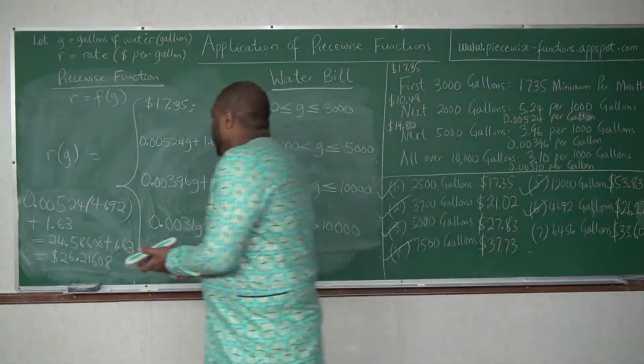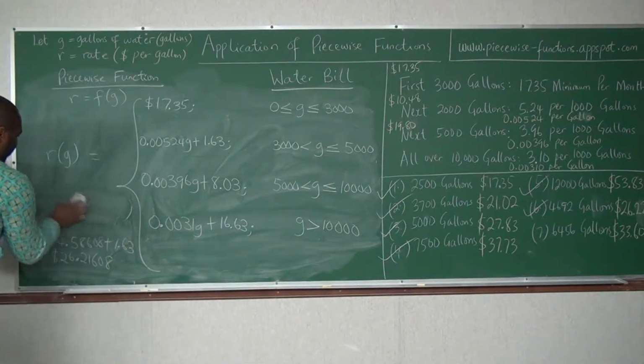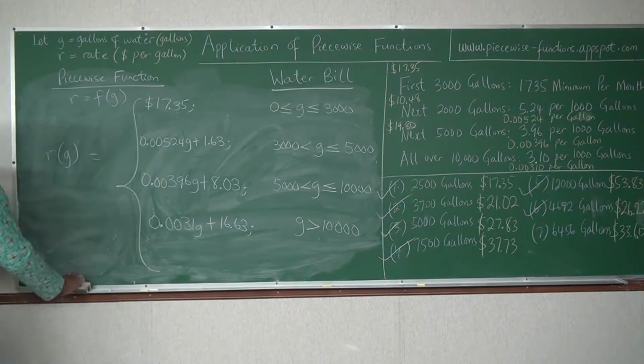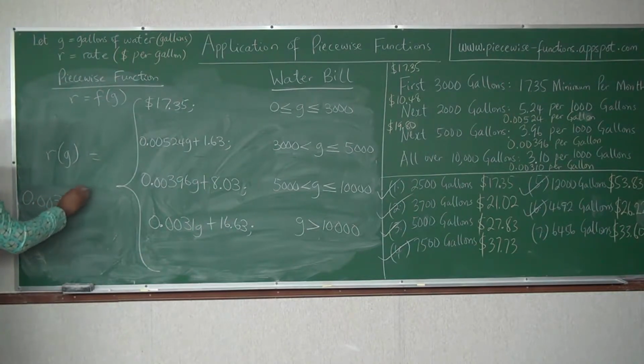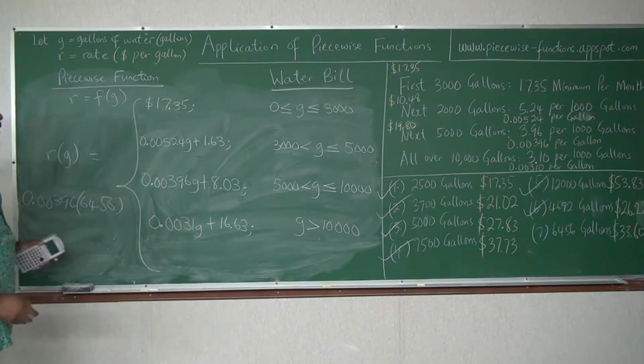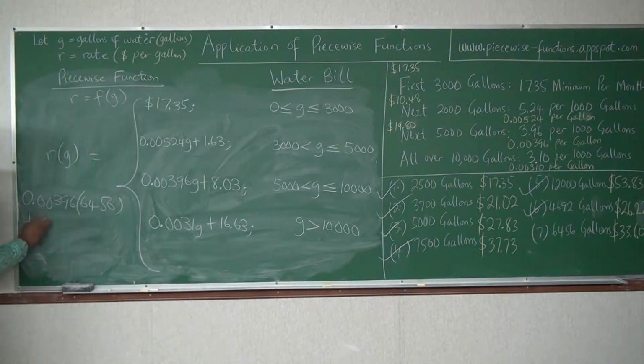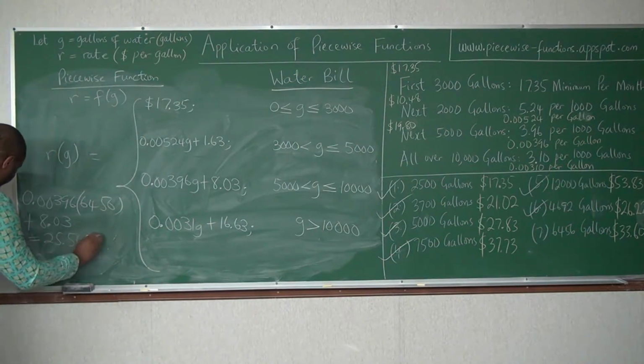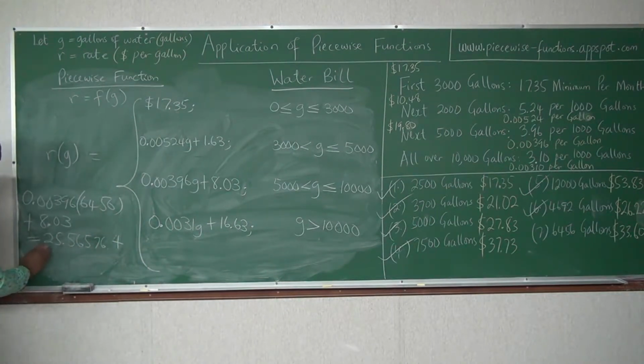So we now write it like this: 0.00396 times 6456 plus 8.03. 0.00396 times 6456 is 25.56576, plus 8.03.